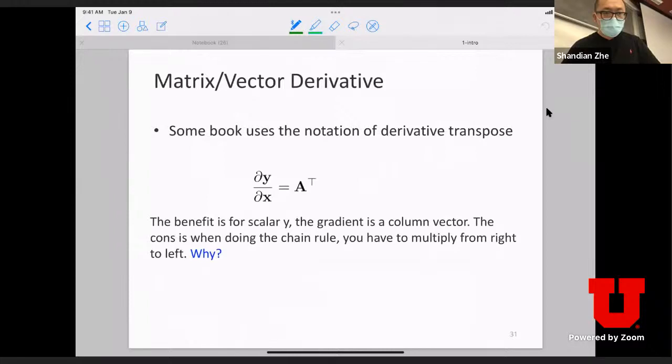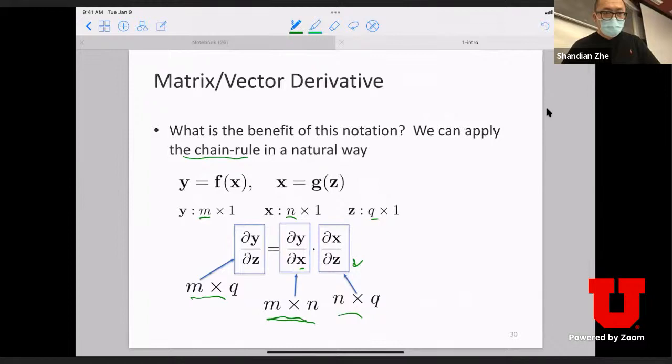But if some books use the transpose of this Jacobian, you cannot apply the chain rule from left to right. You have to do it in reverse. So if you go back to this case and use their notion, your partial y over partial z will be partial x over partial z times partial y over partial x.